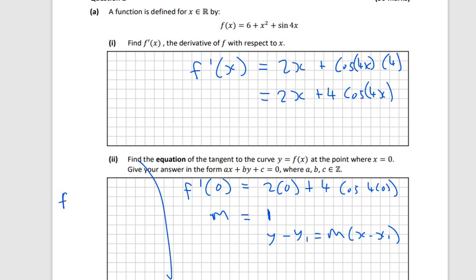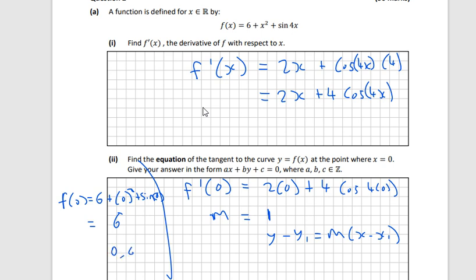So f of 0 would be equal to 6 plus 0 squared plus sin of 4 times 0. Therefore, sin of 0 is actually just 0 as well. So we get 6 plus 0 plus 0, so that gives me 6.